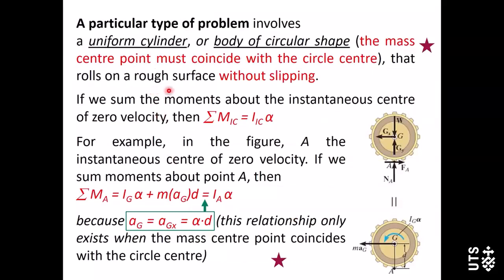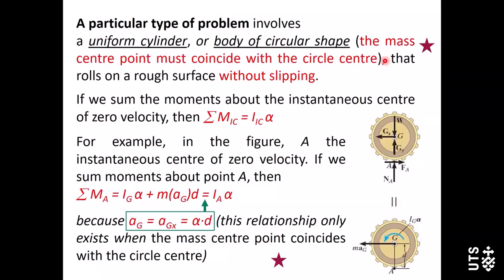A particular type of problem: this kind of problem involves a uniform cylinder or a not uniformly distributed body of a circular shape, but the mass center point must coincide with the circle center.